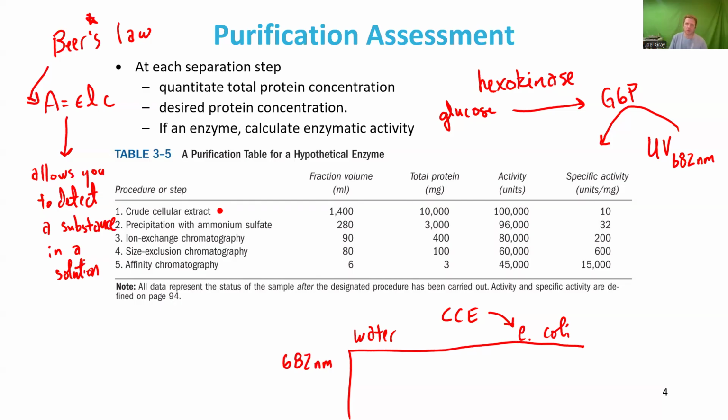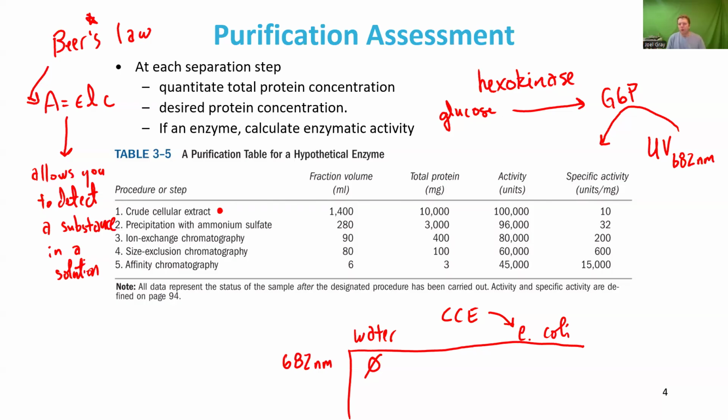Give me a 0 if your answer is no, and give me a letter if you think there's probably glucose 6-phosphate in water. Okay. So we wouldn't expect, if you got distilled or deionized water, any glucose 6-phosphate in there. And so you would expect your absorbance at 682 nanometers to be 0 because there's no glucose 6-phosphate in there. Does everyone follow me there? Give me a Y or an N.